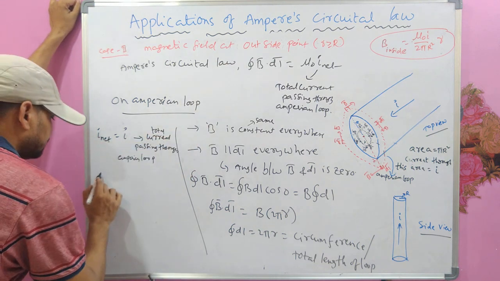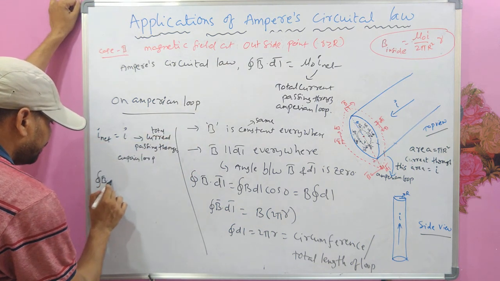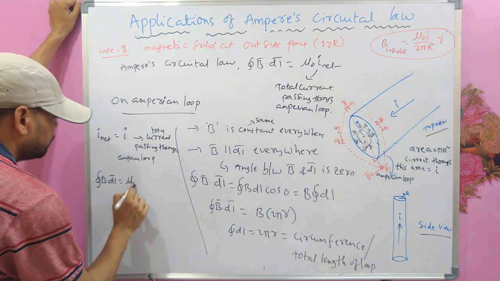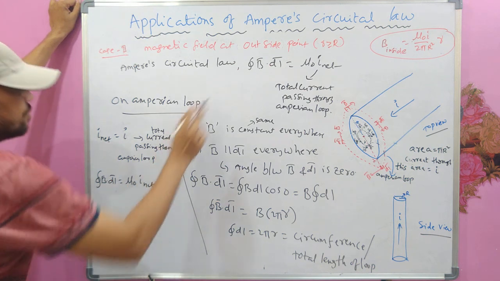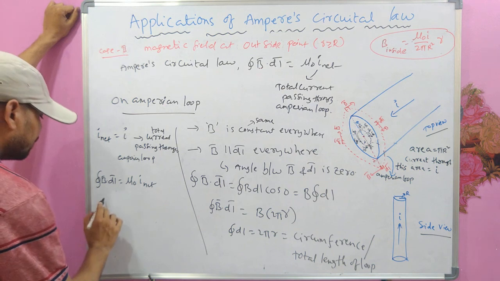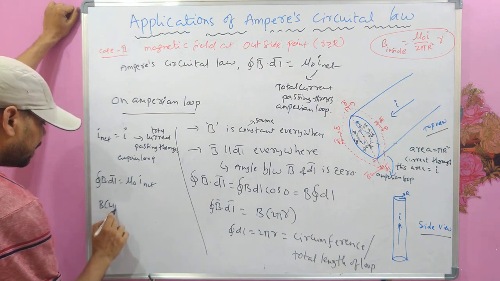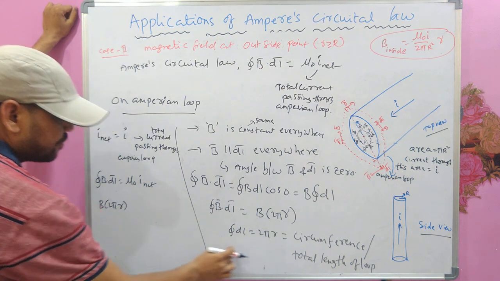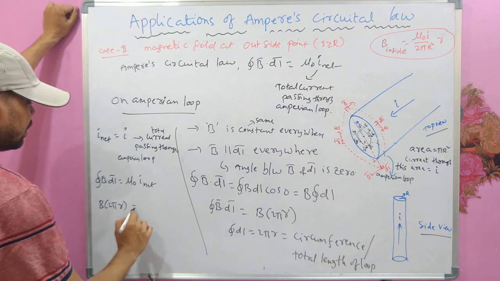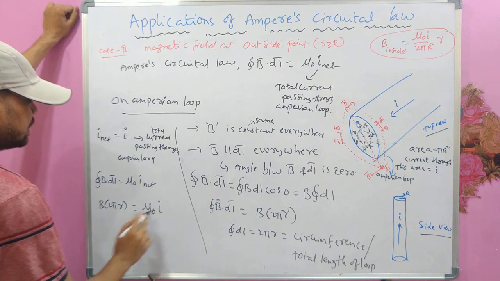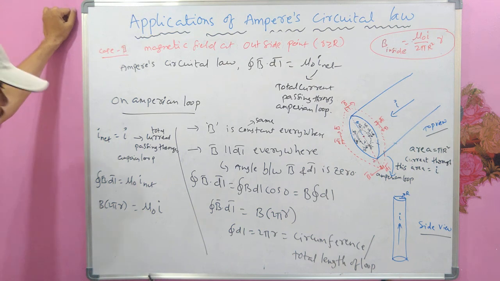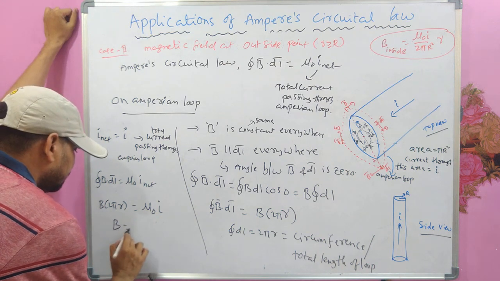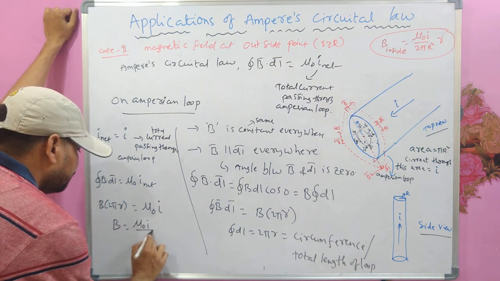Now using this, integral B dot dl is equal to mu naught I net from Ampere circuital law. We get B into 2 pi r on the left side, and on the right side we can just write like this. So B is mu naught I by 2 pi r.